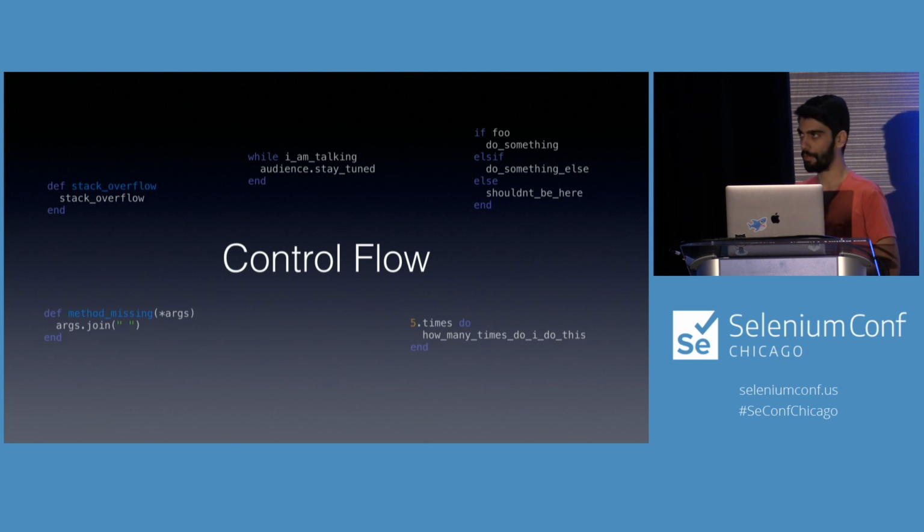Now, moving away from plugins, control flow or control structures. You know them in languages as ifs, elses, whiles, and recursion. And it all started one day when a guy just filed an issue that Selenium blocks doesn't work for him anymore.